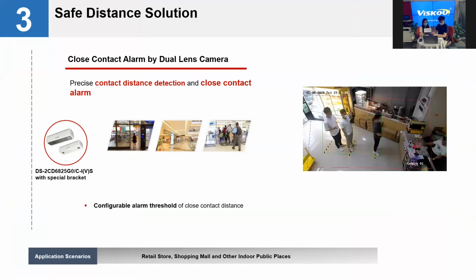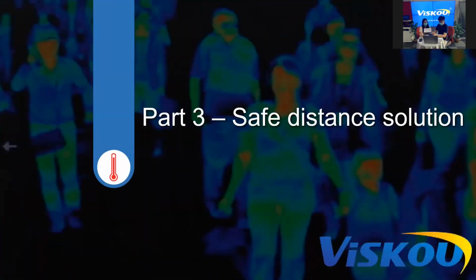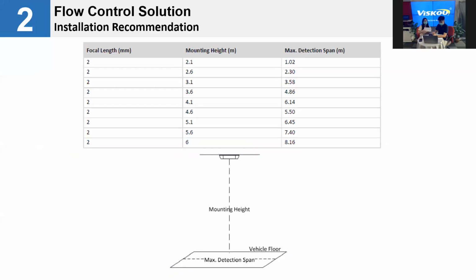Like I just mentioned, for the flow control solution, we recommend doing the vertical installation for this camera. It means its angle is 90 degrees, and its height is from 2 meters to 6 meters. And its coverage also changes depending on your mounting height.